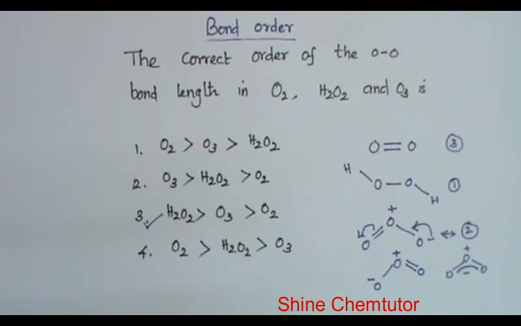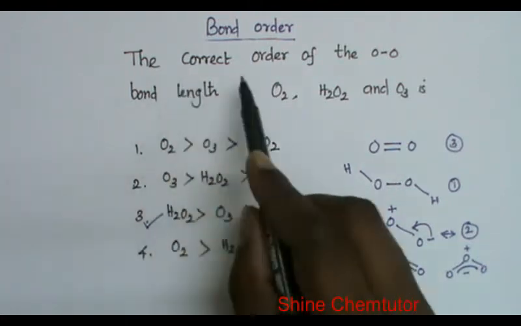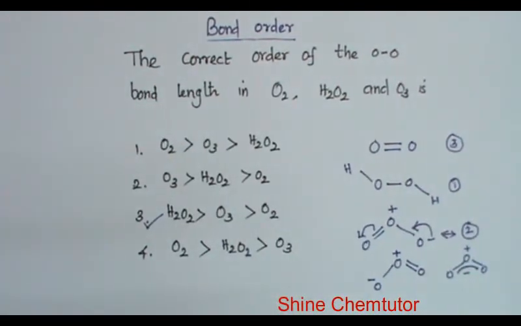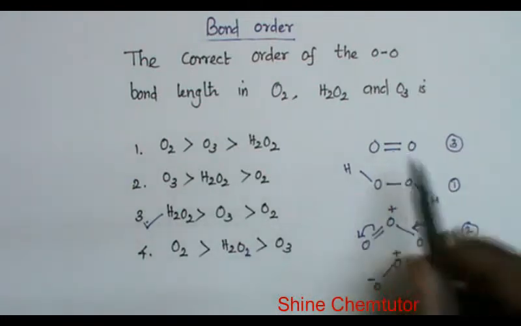The same problem can be asked in another way also. That is, the correct order of the oxygen-oxygen bond strength, not length. Instead of length, they can go for strength. When they go for strength, a double bond is stronger than a single bond.